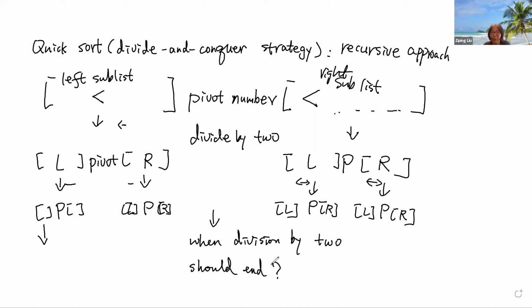By your instinct, when the sublist can no longer be divided by 2. So when the sublist size is either 1 or 0, there is no more dividing, and then you can stop.